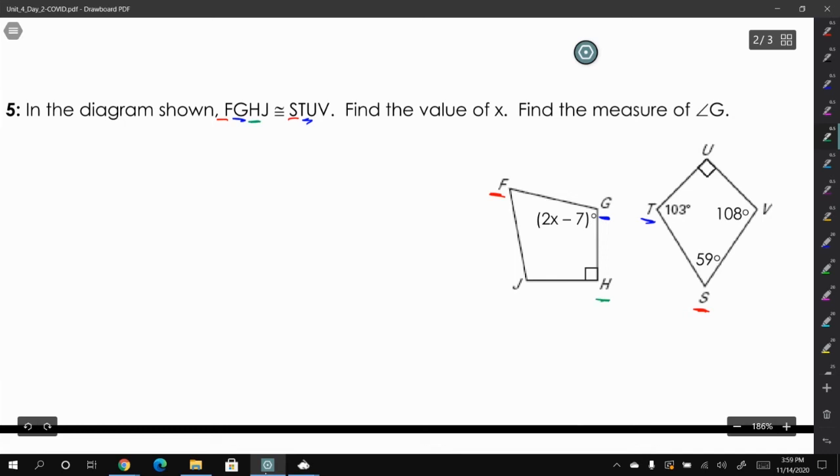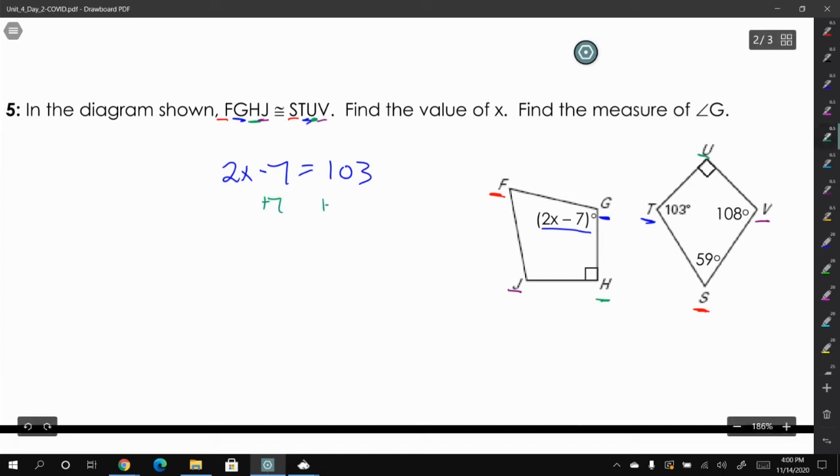H and U, and then J and V. So then we can see which parts line up with each other. So if we're trying to find x, well, G has 2x minus 7, and angle T is also blue. So those are the ones that are equal to each other.